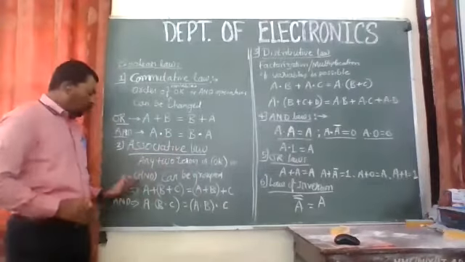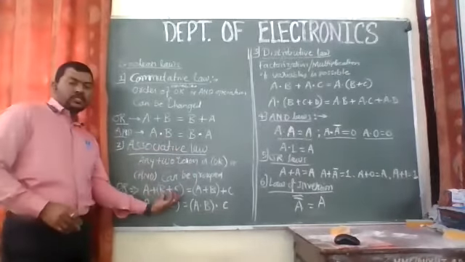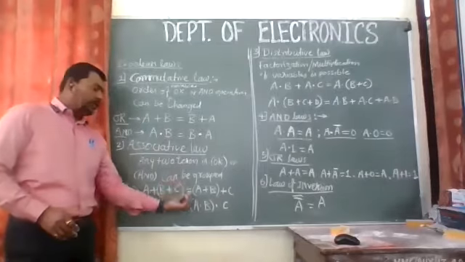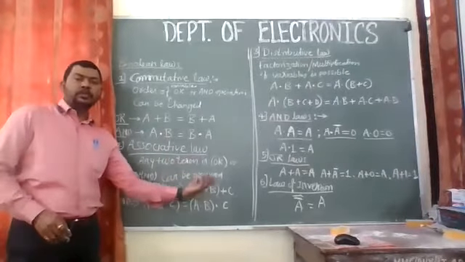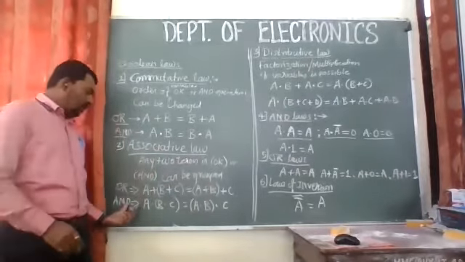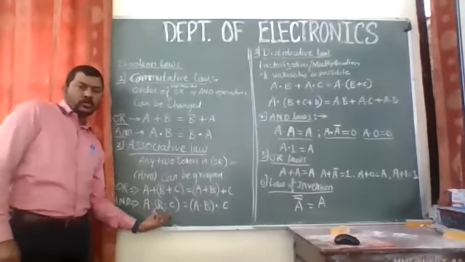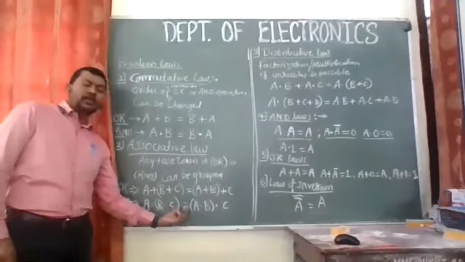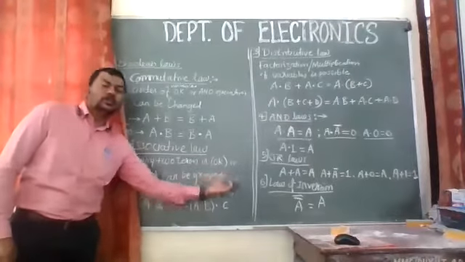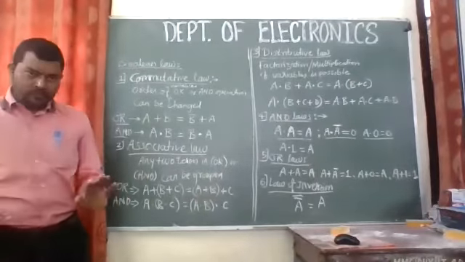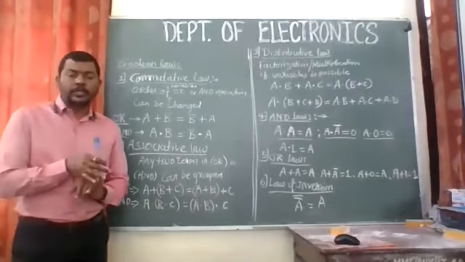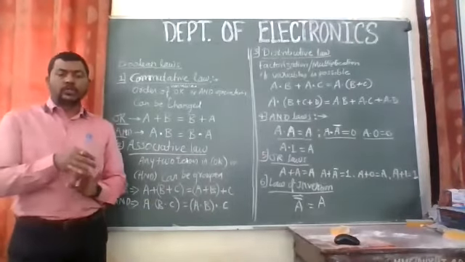So two terms we are grouping. Likewise, A plus B plus C, here B plus C is grouped, can be written as A plus B, plus C, right? Similarly, in AND operation, A dot B dot C is grouped over here, so A dot B dot C can be written as A dot B dot C, right? So these are two laws, commutative law and associative law.